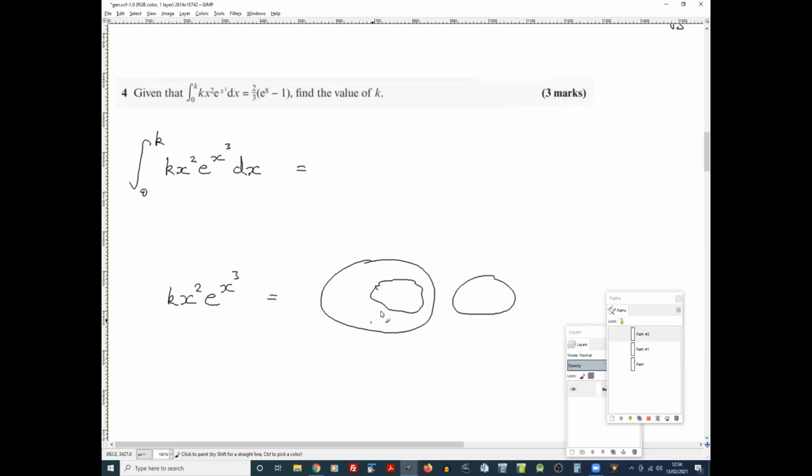What's the inner and outer? Inner is e. No, not unless you're thinking composite and you really mean outer of the composite. E is the outer. Oh, what you mean. Okay, and then the inner is x cubed.